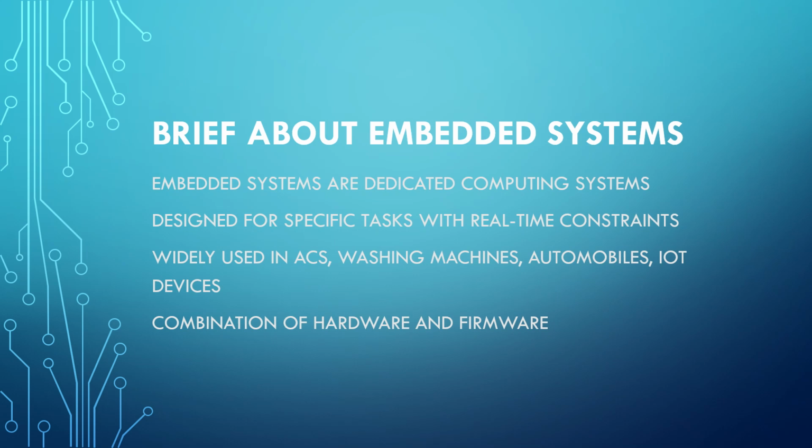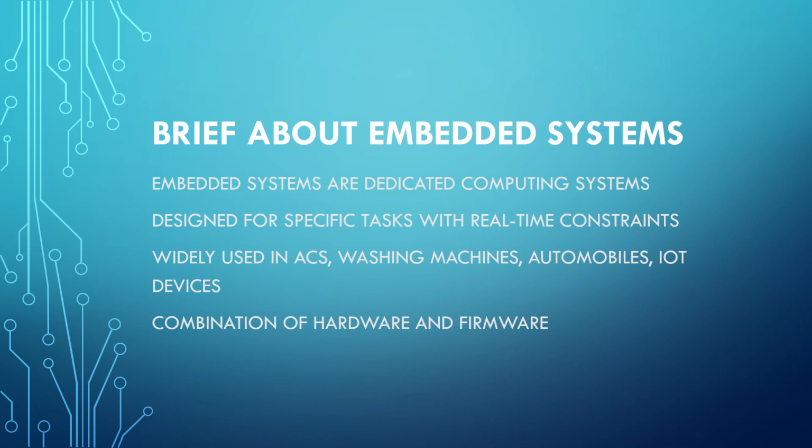An embedded system is a dedicated computer system designed to perform a specific task. Unlike general purpose computers, it works within real time constraints, meaning it must respond within a defined time. Embedded systems are everywhere in our daily life. Examples include air conditioners, washing machines, microwave ovens, automobiles, medical devices, and IoT systems.